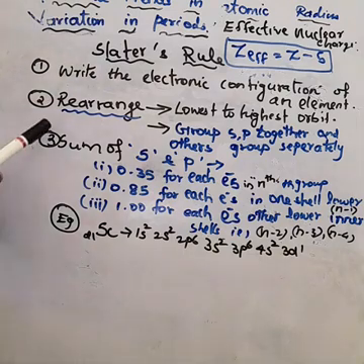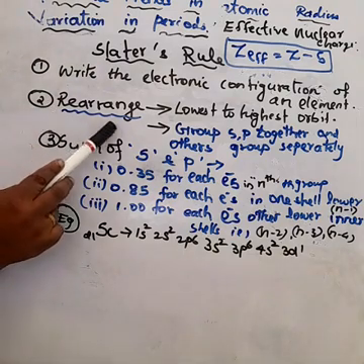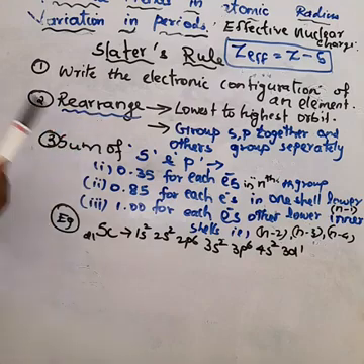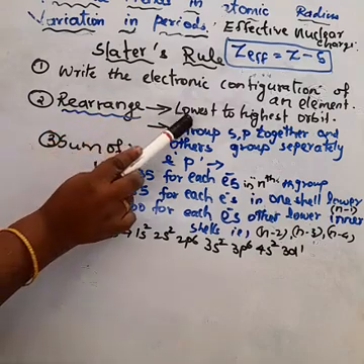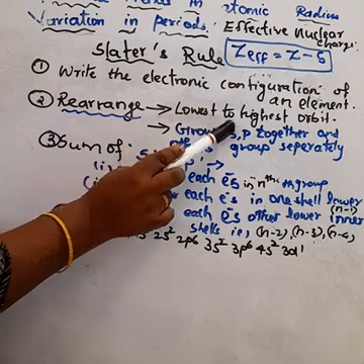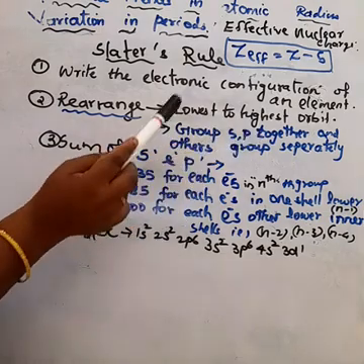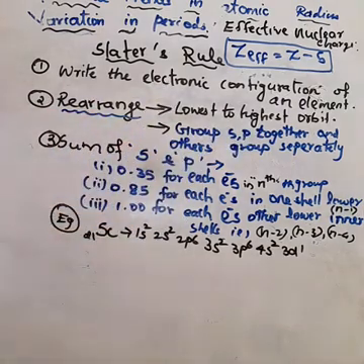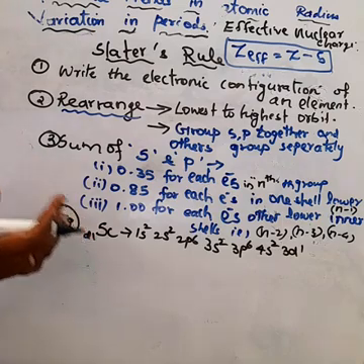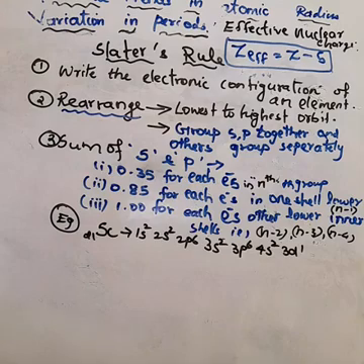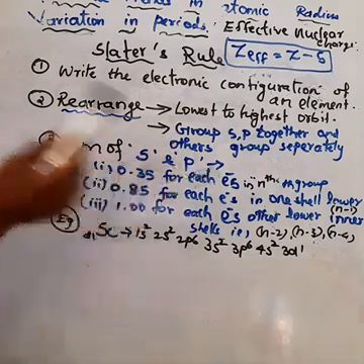Second point, rearrange from the lowest orbital to the highest, that is lowest energy level to highest energy level.